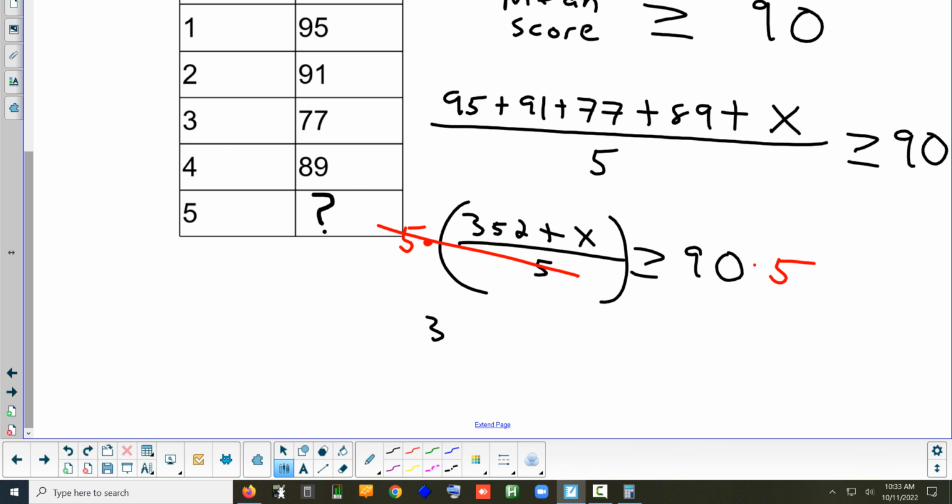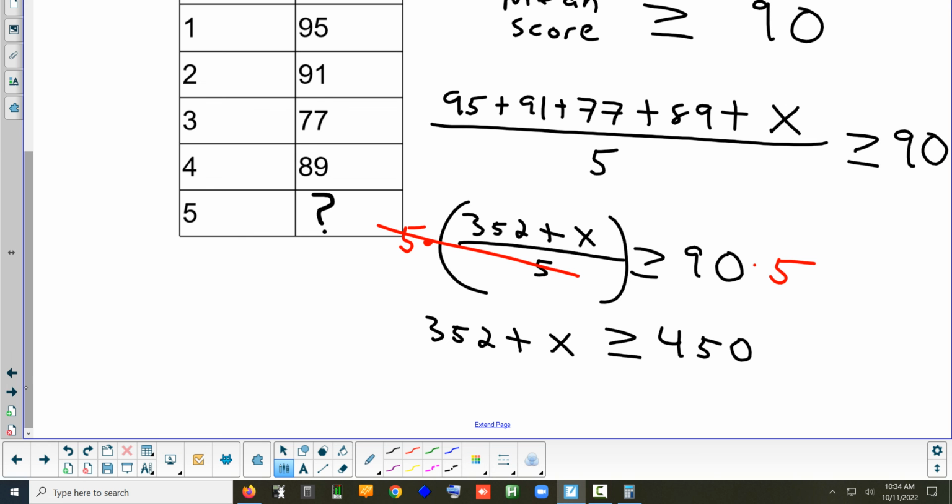So now on the left, you have 352 plus x, and 90 times 5. Does anybody know what that is? 450. Very good, 450. So it looked like it might be kind of a hard problem, but now we're actually at the last step. The last step is to get x by itself.